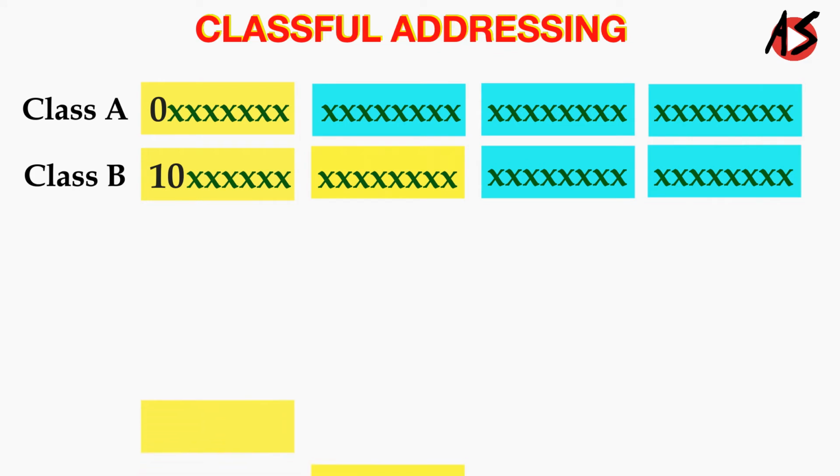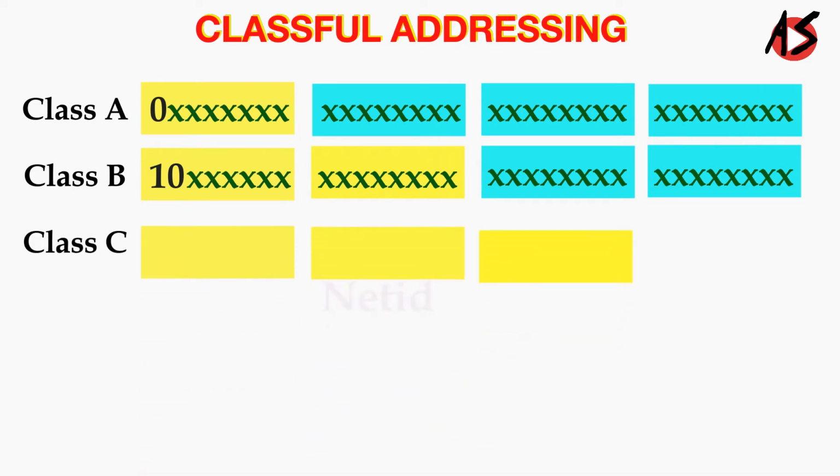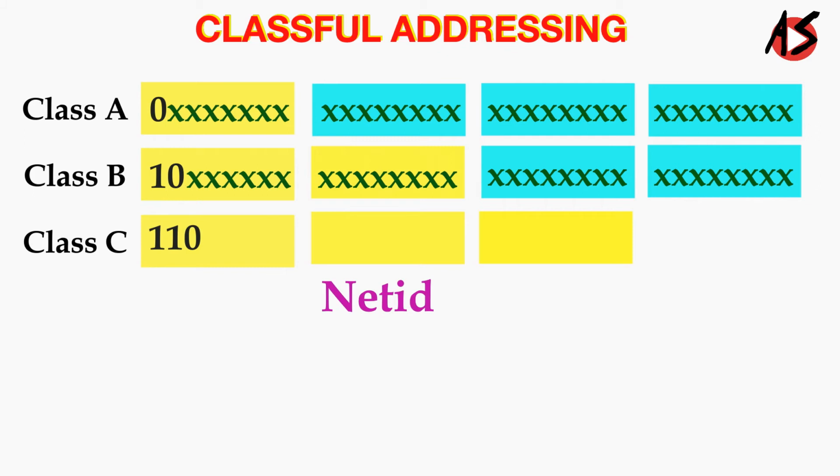Since 3 bytes in class C define the net ID, the 3 leftmost bits should be 110. The next 21 bits can be changed to find the number of blocks in the class.